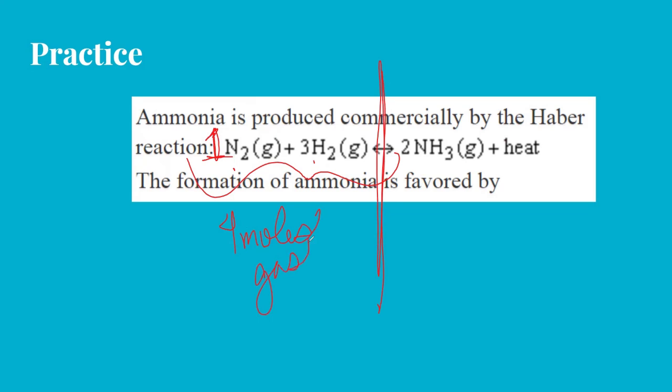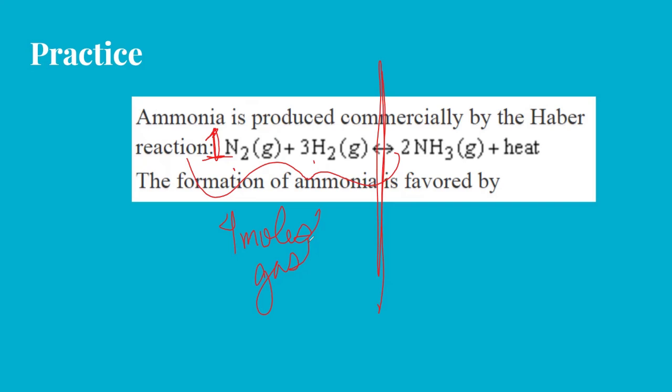A mole of gas takes up 22.4 liters of space. If you can imagine, a soda bottle is only 2 liters and every mole of gas takes up 22 liters, so it's quite a bit of space. If you've got 4 moles, you've got 88 liters of space that you need to have 4 moles of gas there.